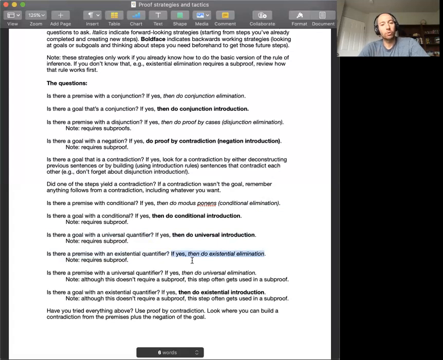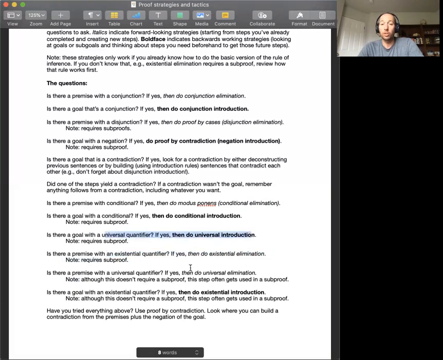And remember, that also requires a subproof. Is there a premise with a universal quantifier? If yes, then you should do universal elimination. Now, here's an important note about this. Although universal elimination doesn't require a subproof, you'll often need to do this universal elimination inside the scope of a subproof that you've already started by doing something like existential elimination or universal introduction.